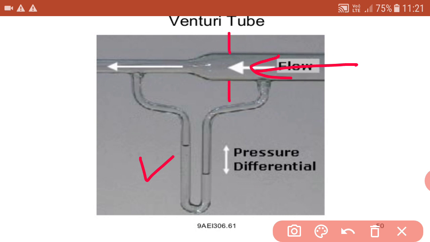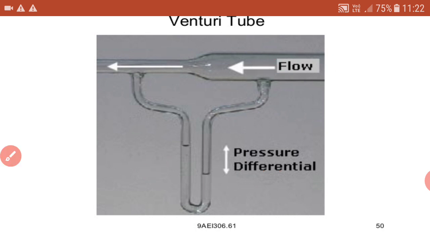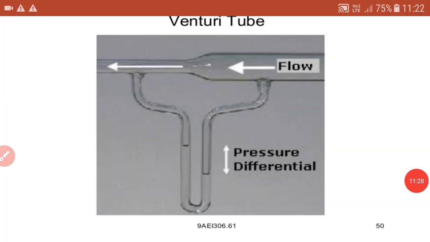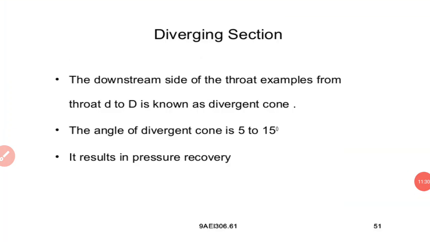Here the diameter is this, and here the diameter is this. Due to this, there is a pressure difference. It is known as differential pressure. By measuring this differential pressure, we can measure the flow of fluid. So this is the typical practical tube.